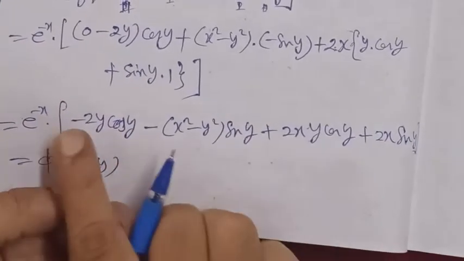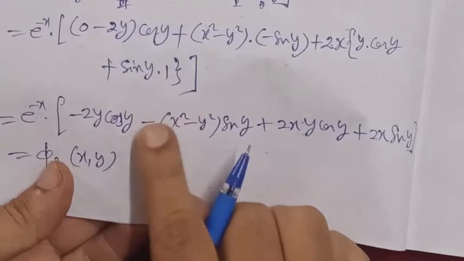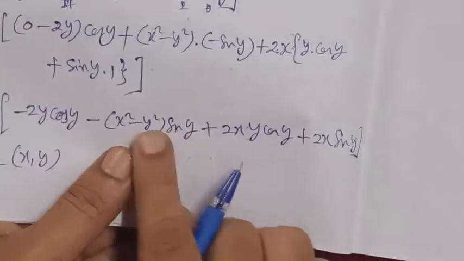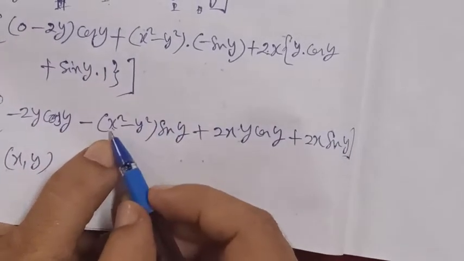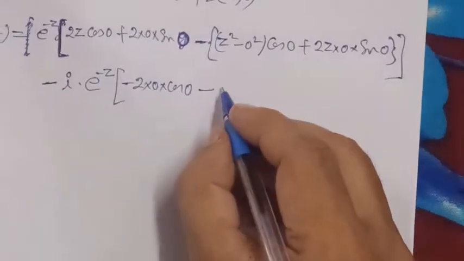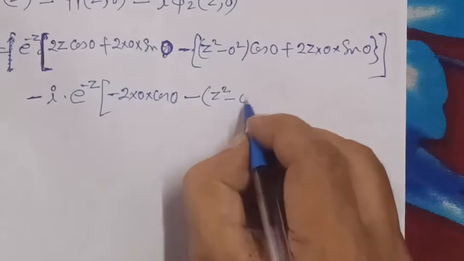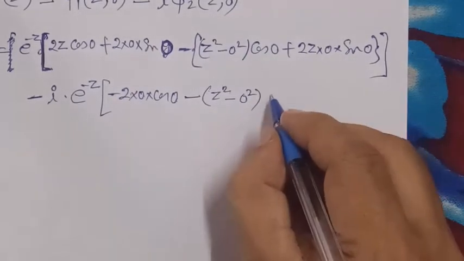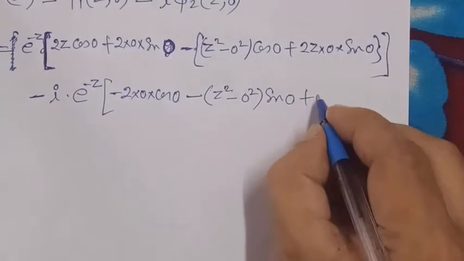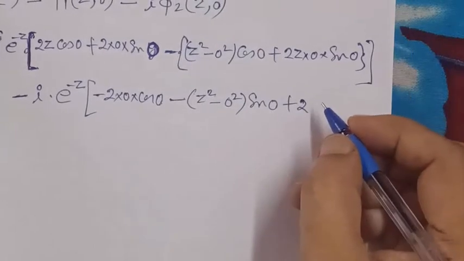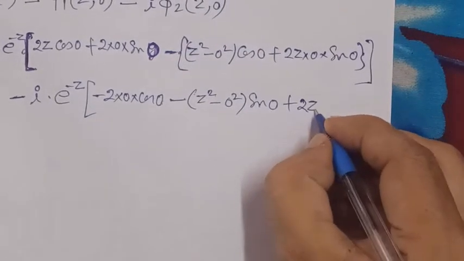Here I have written this value, and now I want to write this value, so put z in place of x and 0 in place of y. Sin 0 plus, you can write these values directly.